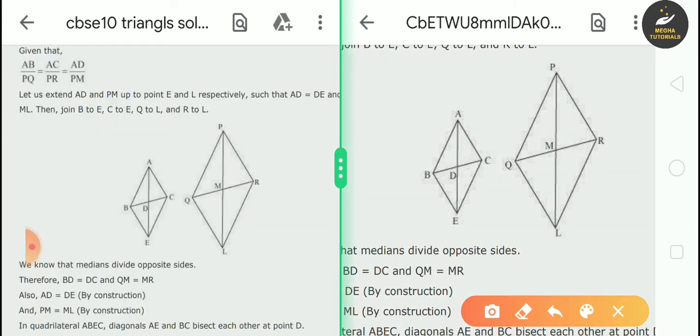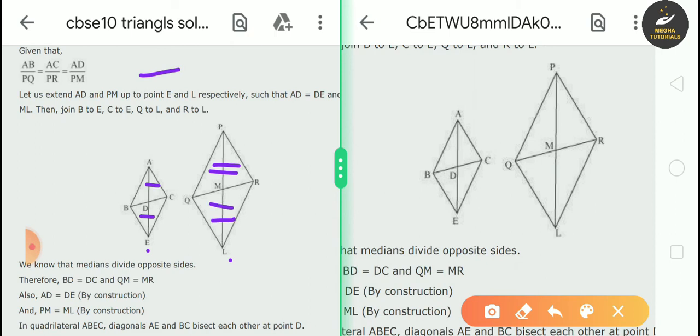It is given that AB upon PQ is equal to AC upon PR is equal to AD upon PM. Now let us do some construction, that is extend AD and PM up to the point E and L such that AD is equal to DE and PM is equal to ML.